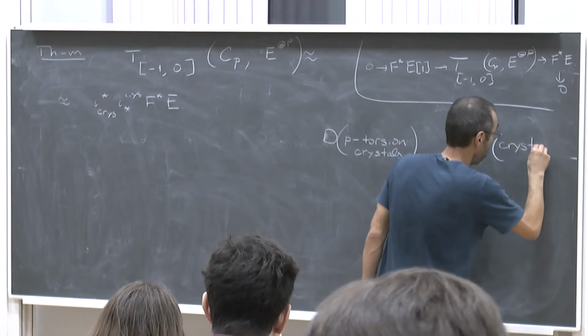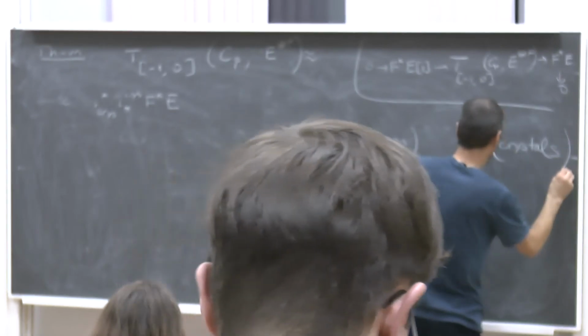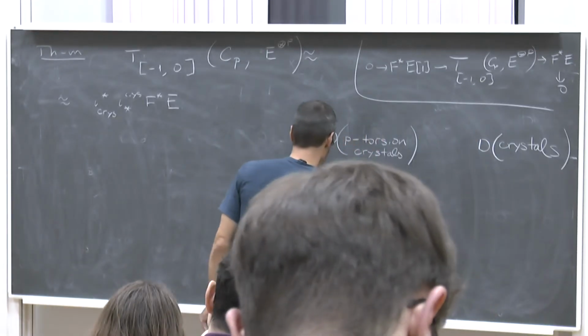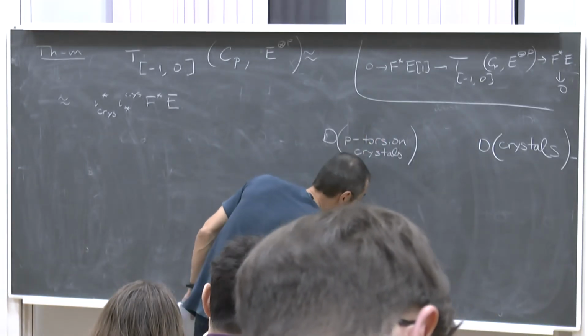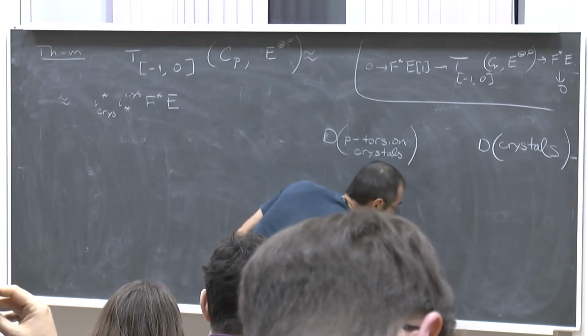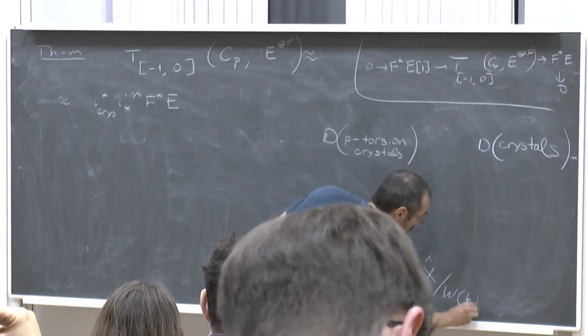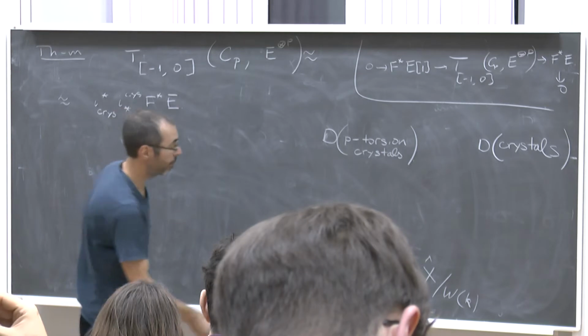If I give myself a lifting of X all the way over W, the Witt vectors, that's a formal scheme.